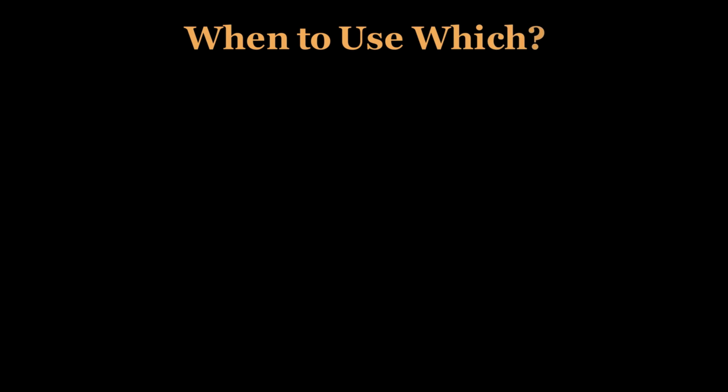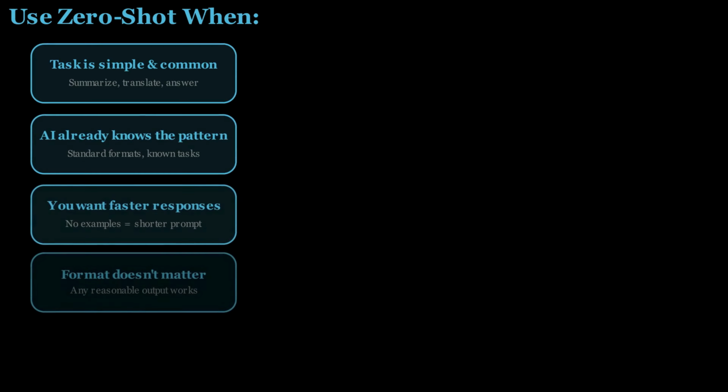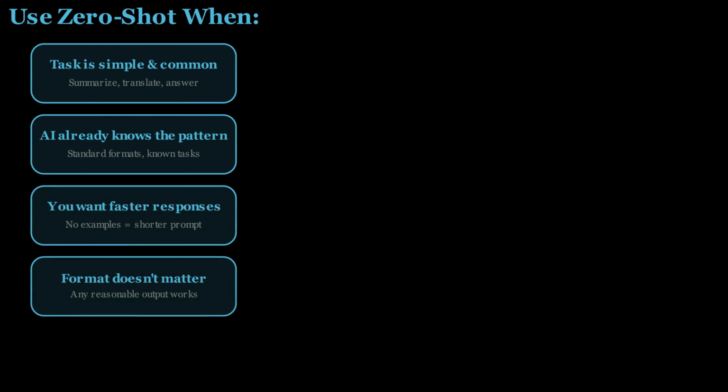So when should you use zero-shot versus few-shot? Here's a practical guide. Use zero-shot when the task is simple and common, when the AI already knows the pattern, when you want faster responses, or when format doesn't matter much.